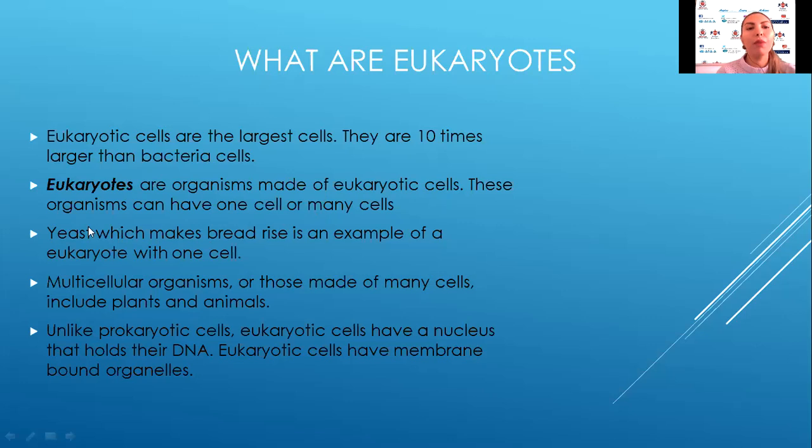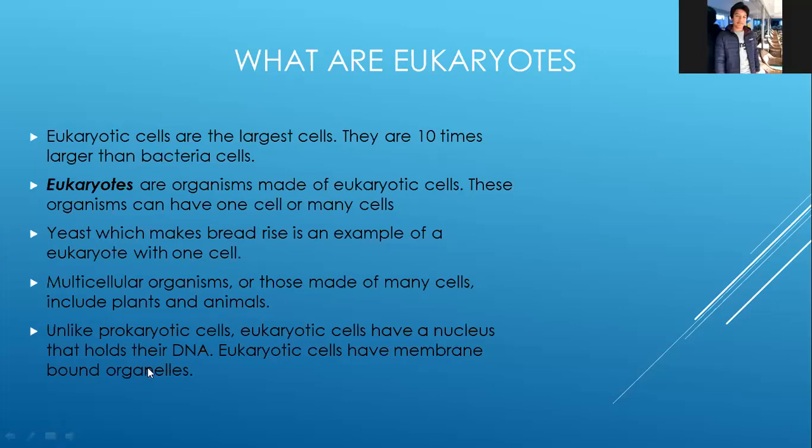As Yusuf said, eukaryotes may be one cell or many cells. Give me an example of one cell. Yeast, which makes bread rise, is an example of a eukaryote with one cell. What is the meaning of multicellular organisms? Those made of many cells, unlike the unicellular yeast.